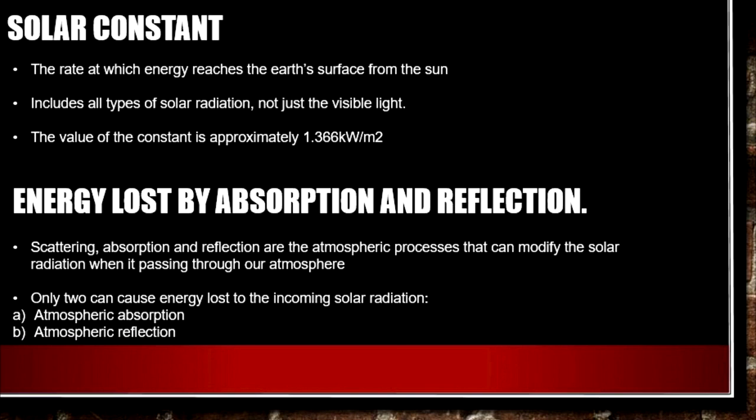Scattering, absorption, and reflection are the atmospheric processes that can modify the solar radiation when it passes through our atmosphere, and only two can cause energy loss to the incoming solar radiation, which are atmospheric absorption and atmospheric reflection.